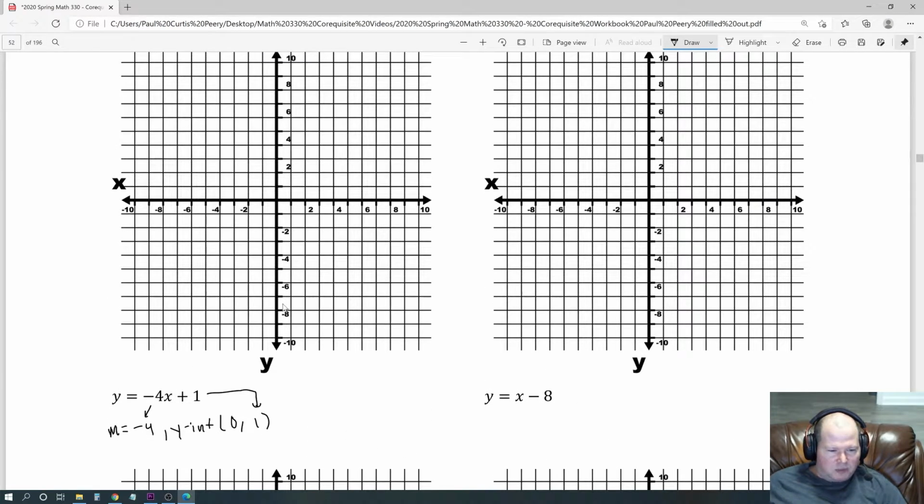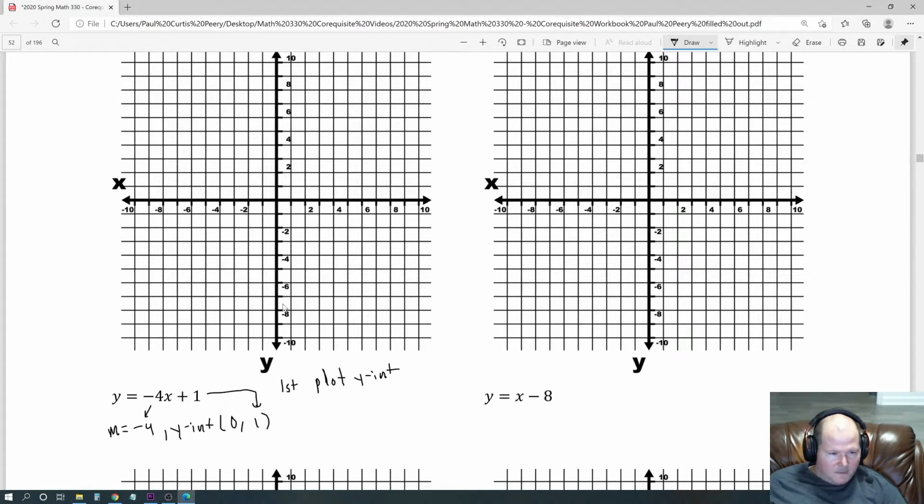Okay, first I'm going to plot the y-intercept.